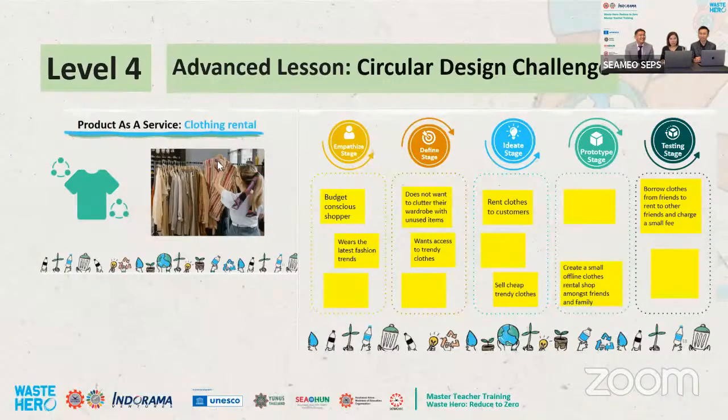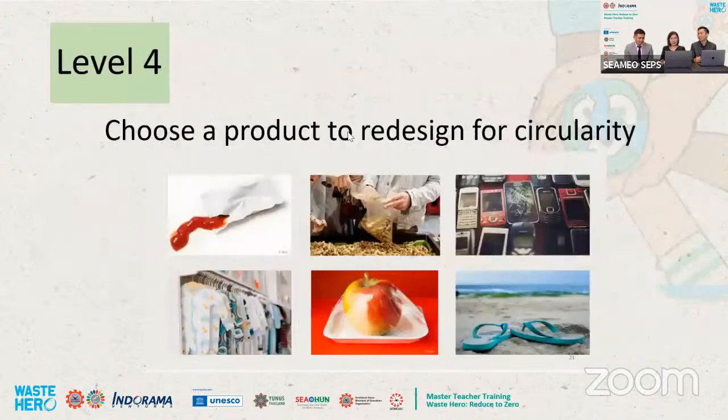We begin from the empathize stage, thinking about the audience, and then the define stage, or what the problem is, and so on, to the end, which is the testing stage. I will elaborate on it more in level 5 too. These are examples of activities for level 4.